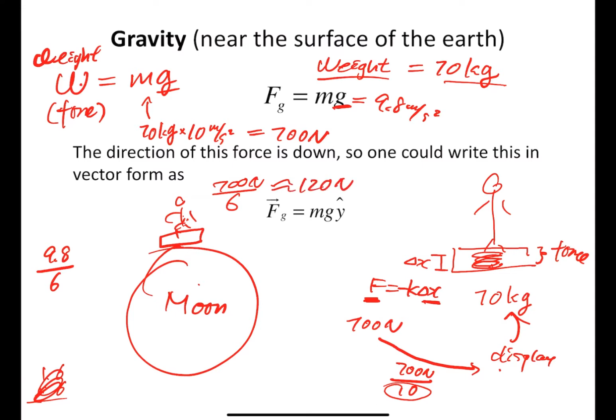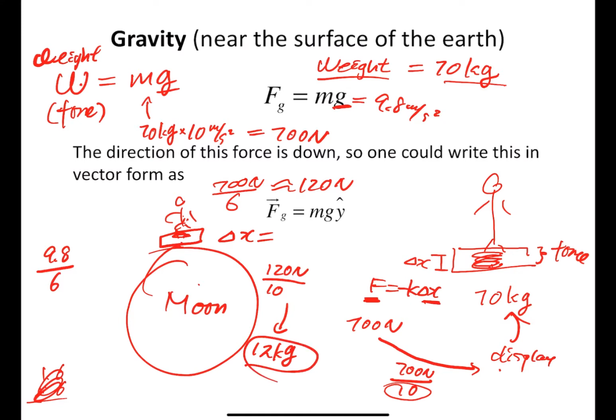Because the force is less, the delta x is also less, only a sixth of the original. But this one is still divided by 10. So your display will be what? 12 kilogram. Can you see it?